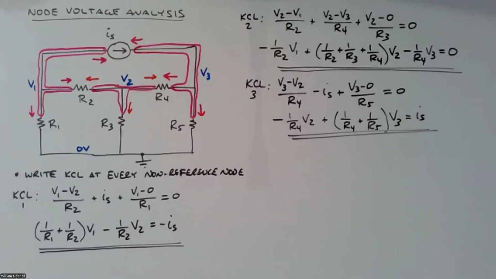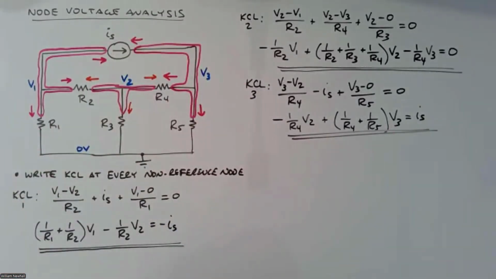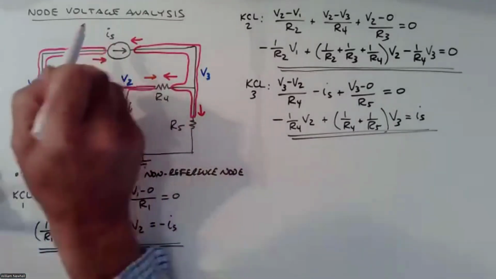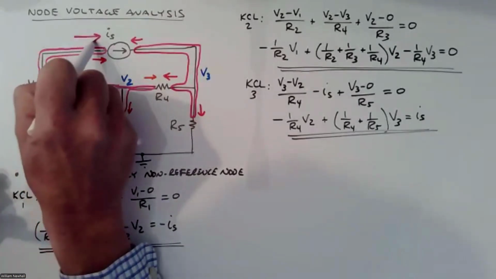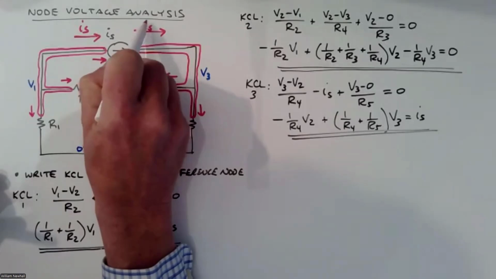Someone asks, is the source current negative now because the arrow in the source indicates the real direction? Well, yeah, this current source, if I were to draw the current, this is IS, right?